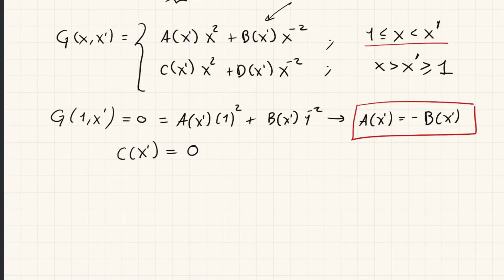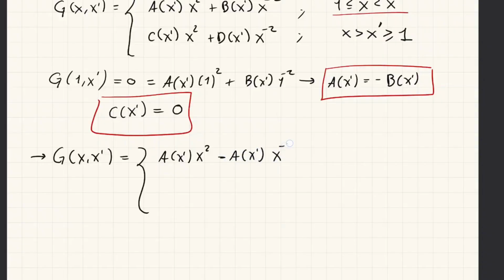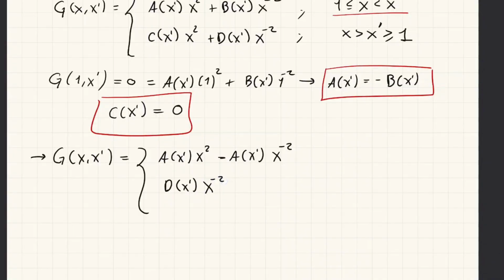Okay, perfect. So with this, we can say that the Green function can be defined as a(x') x squared, and then b, but b is equal to minus a, right? So we will have minus a(x') x to the negative 2, and then d(x') x to the negative 2.